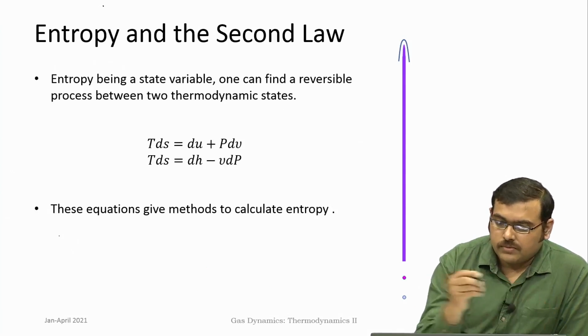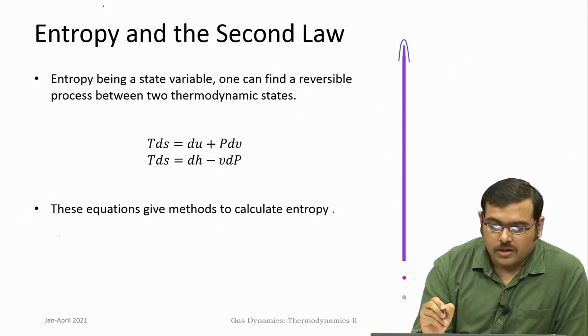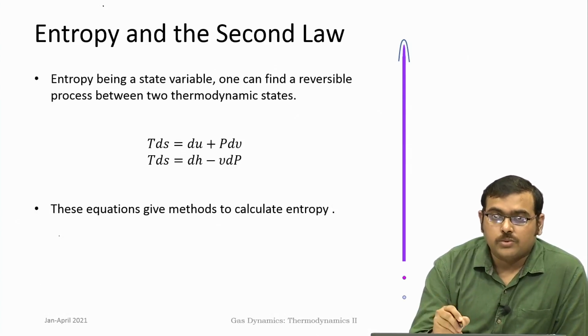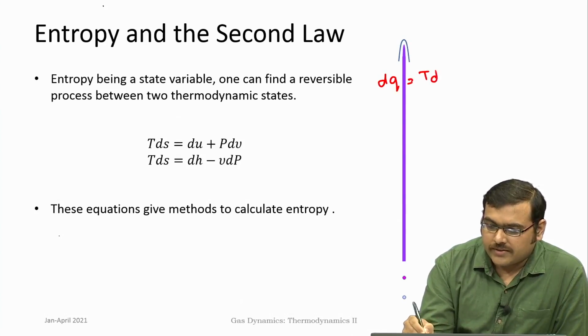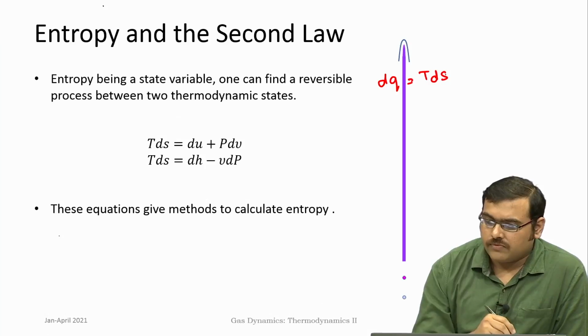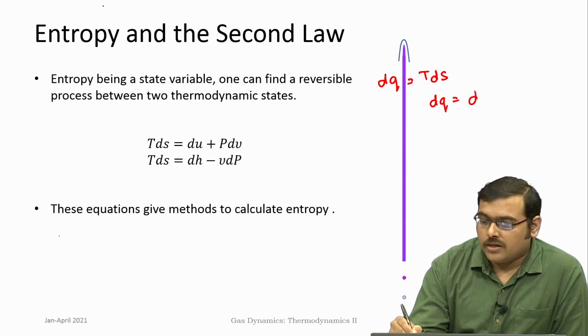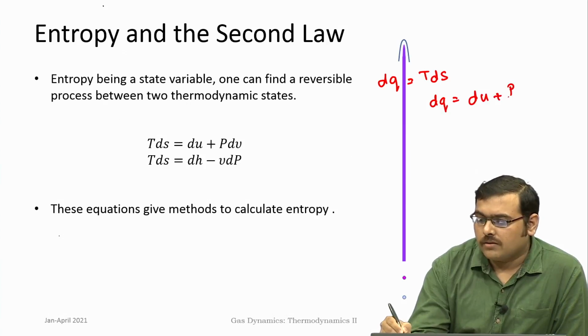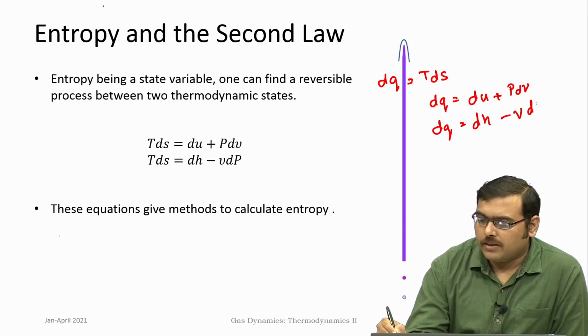So, now since entropy is a state variable, we can always look at a reversible process between two thermodynamic states A and B, and you can write dq is equal to Tds. From the first law considerations, we had the equations dq is equal to du plus pdv, and dq is equal to dh minus vdp.